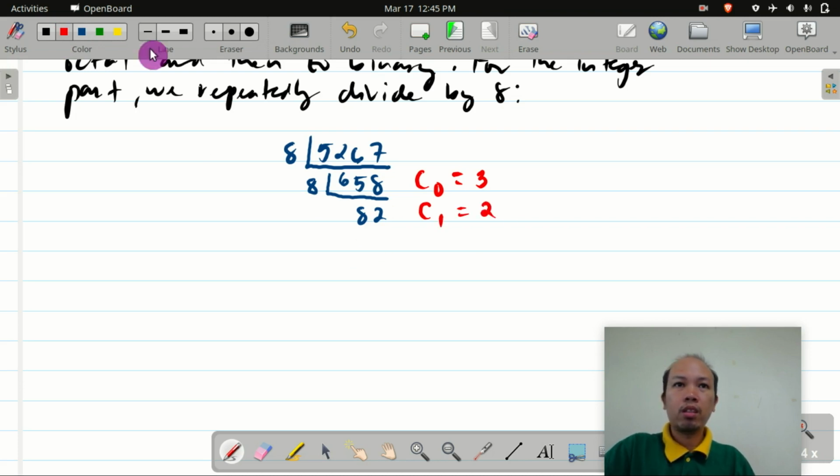Then proceed again, divide by 8. 82 divided by 8, we have 10, and of course our remainder is very obvious, we have 2.